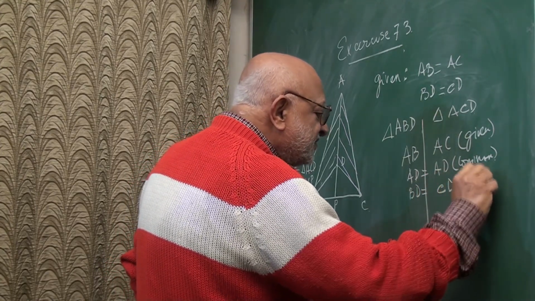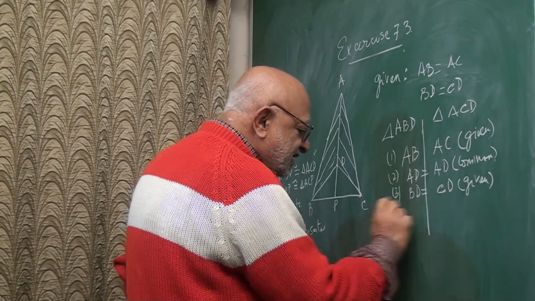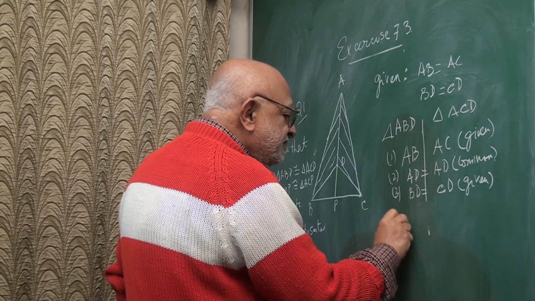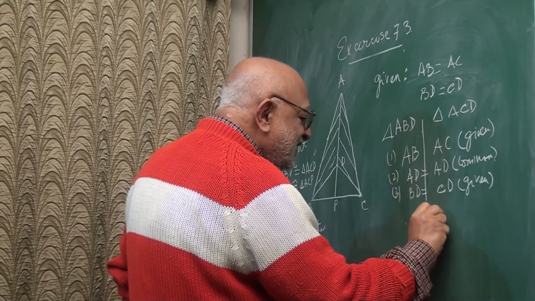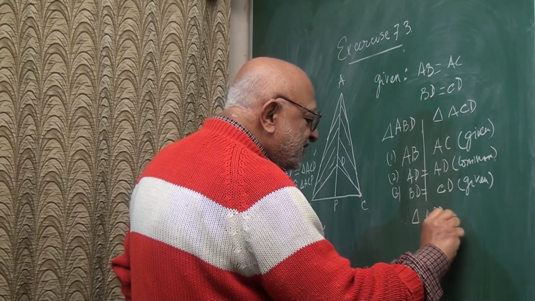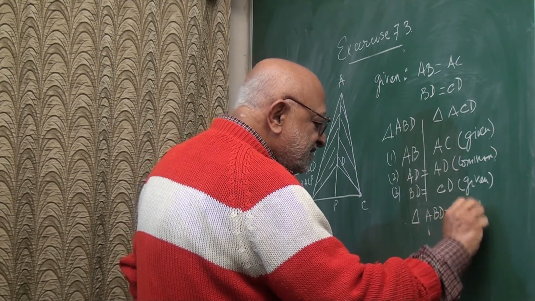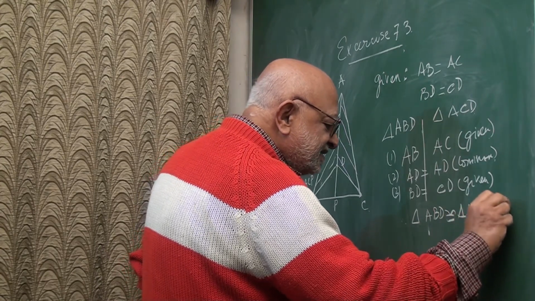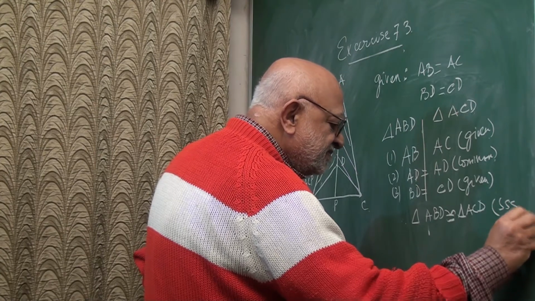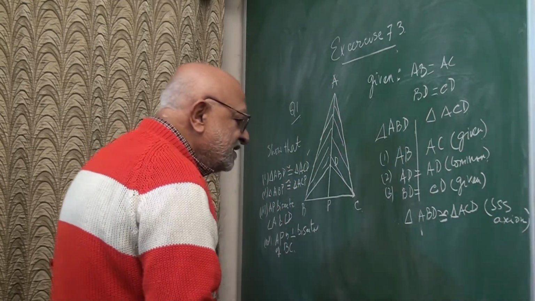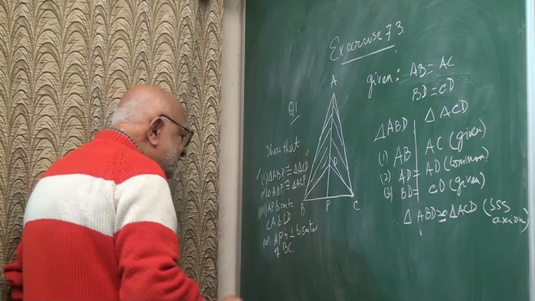So we have three sides. So triangle ABD is congruent to triangle ACD by the SSS axiom. Done. We have taken care of this point.